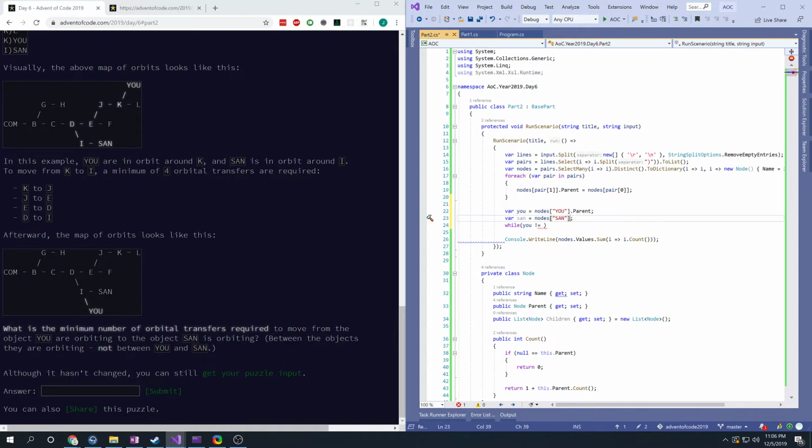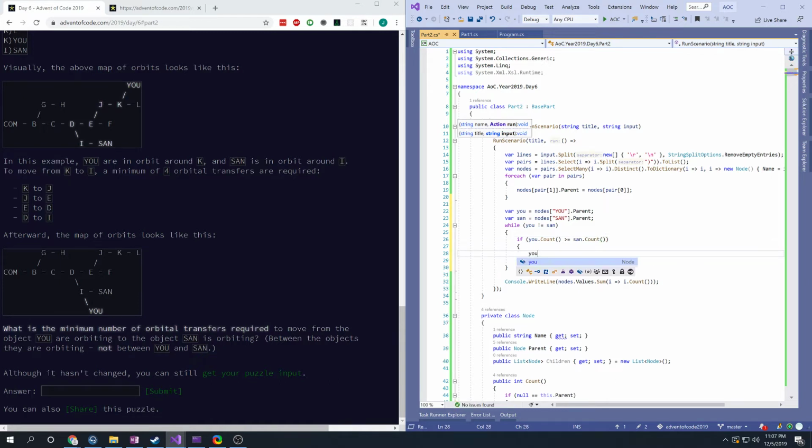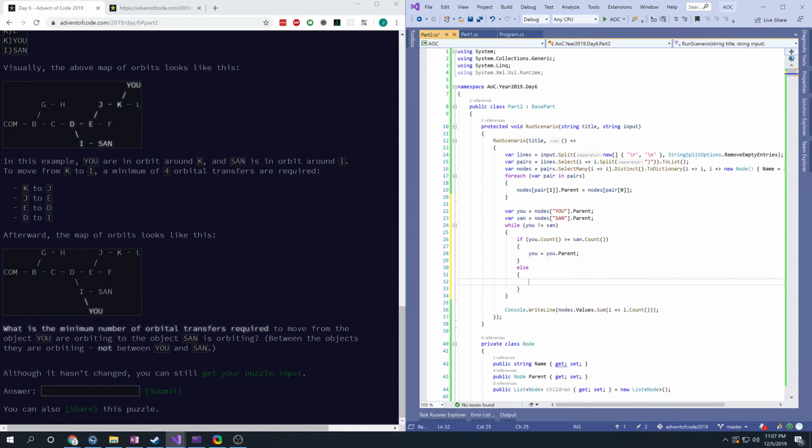Parent. They're not the same. Effectively, I'm just going to move them both up until they meet. Count. Up. And is up.